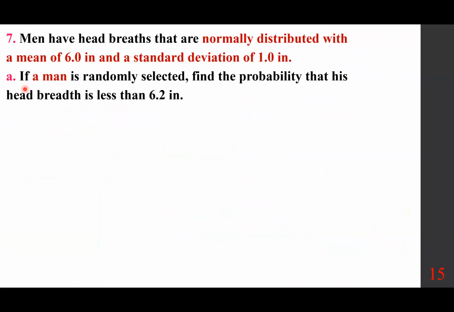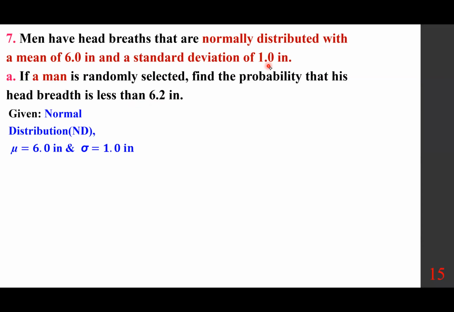If a man is randomly selected, find the probability that his breadth is less than 6.2 inches. Perfect. So again, word problem. What is given? It's a normal distribution. Mu is 6 and sigma is 1. It pertains to all men. Okay, it's not a specific size.